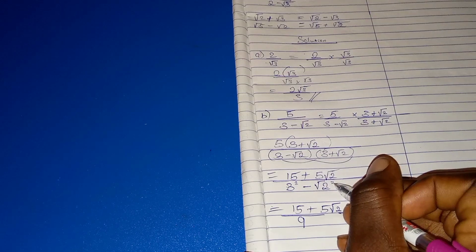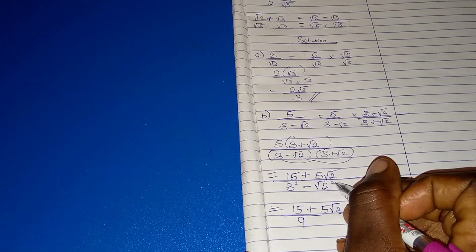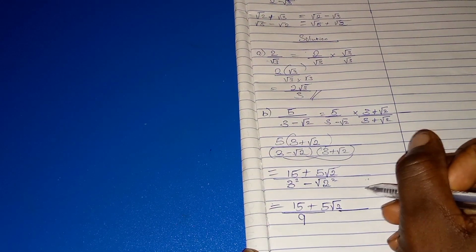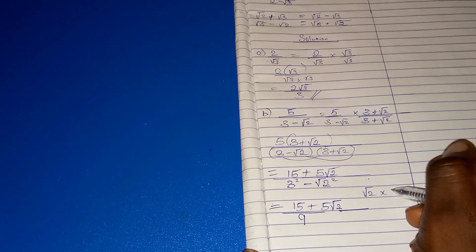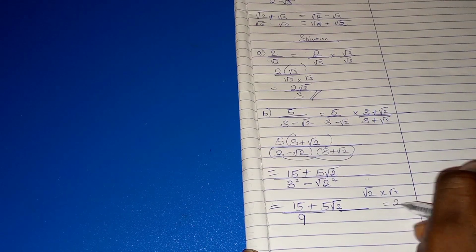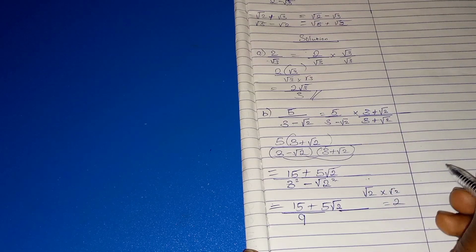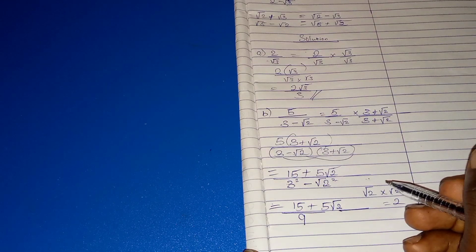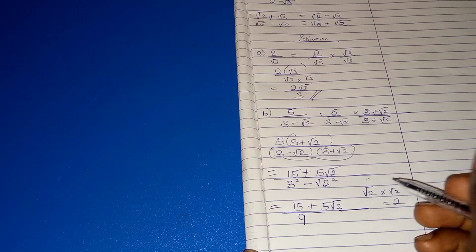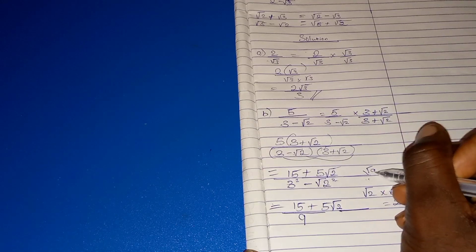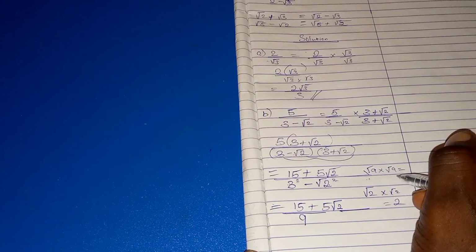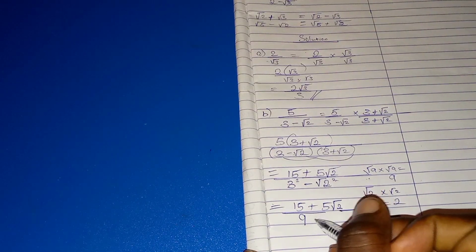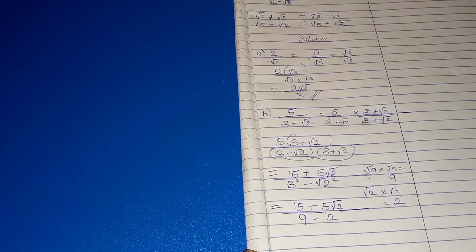The square root of 2 squared gives us 2, because root 2 multiplied by root 2 is 2. In the first video which I made, I explained the rules guiding surds, where root a multiplied by root a gives us a. So we have 2 as our answer.